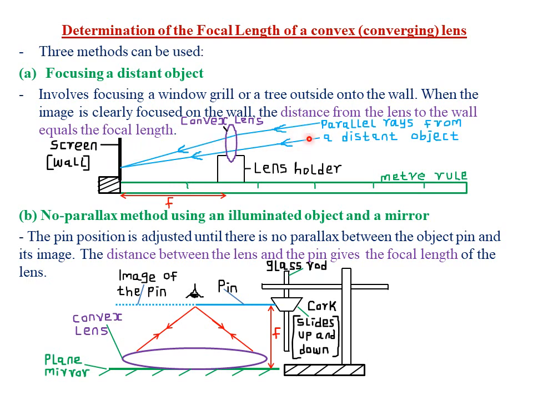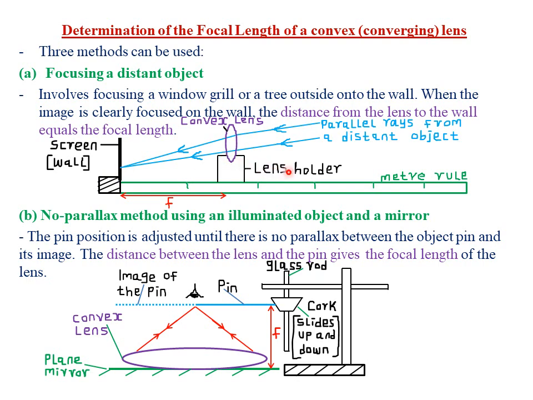So we have parallel rays from a distant object, and rays from infinity will always be focused at the principal focus. Therefore, that is the point where our image will be sharply formed, or where a clear image is seen on that screen.